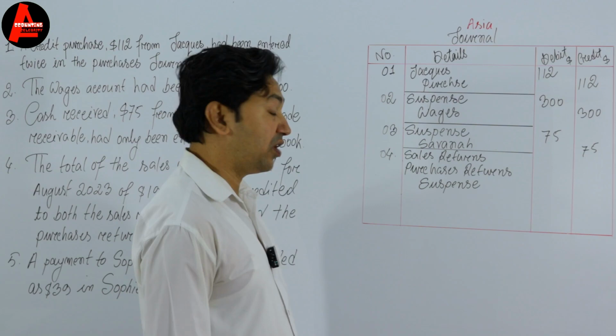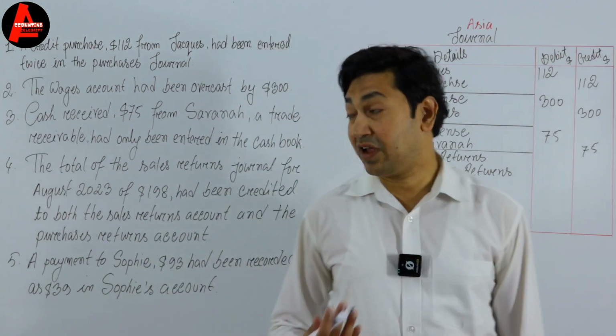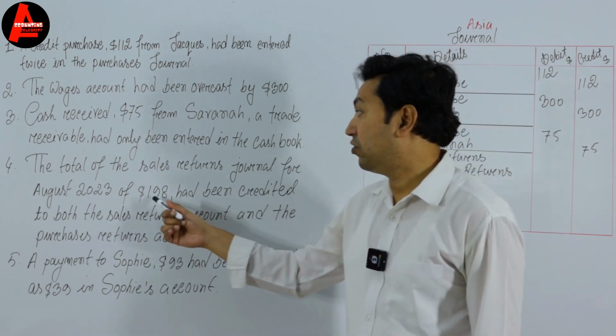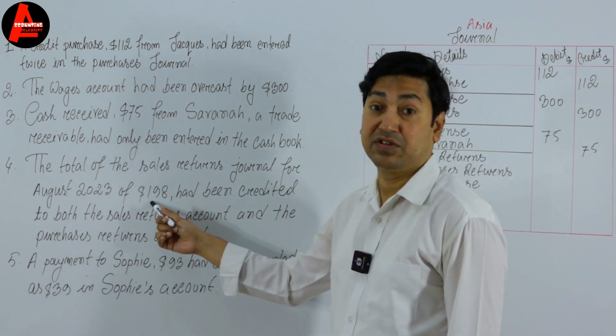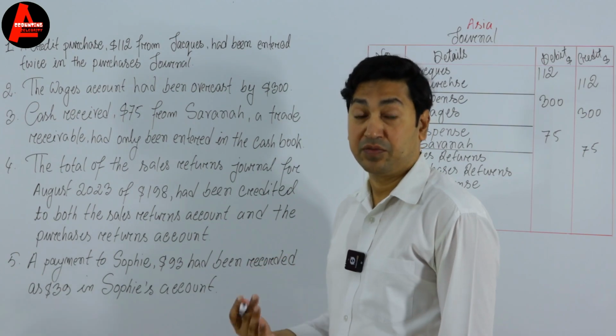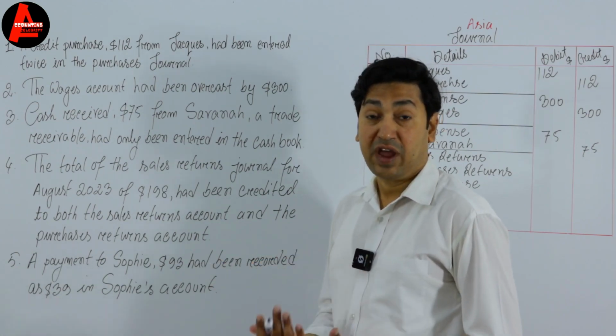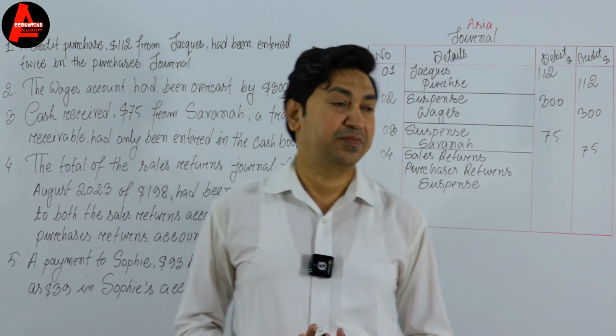Okay, so what amount will we write? So here on the debit side we will write 198 for sales return, same amount for purchase returns, and we will double this one to write on the credit side for Suspense account.